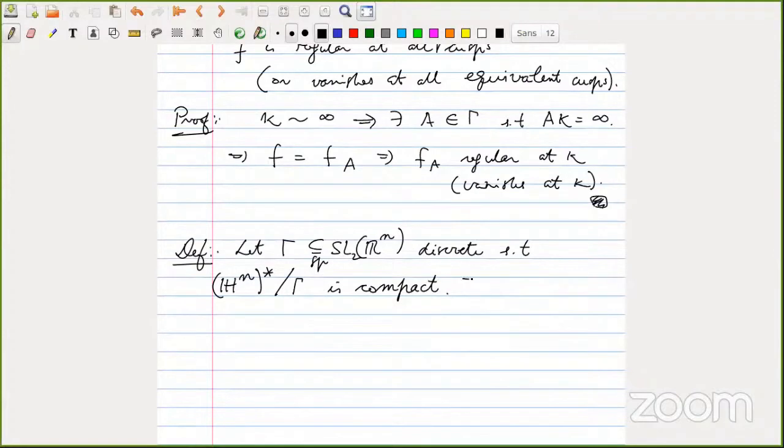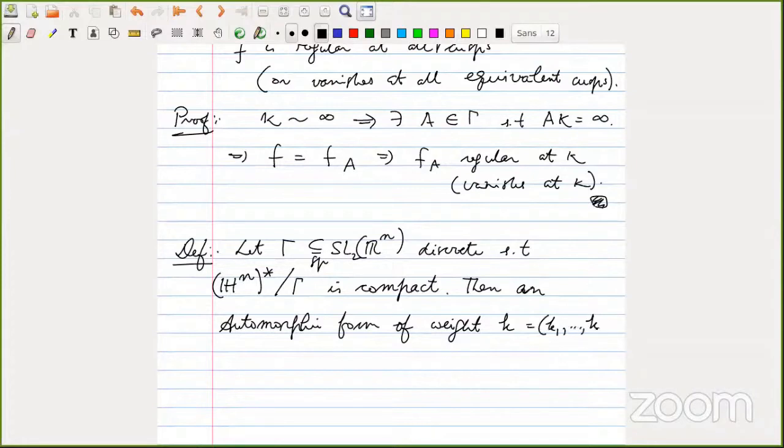Then an automorphic form of weight k equals k1 to kn, inside Z to the power of n, with respect to gamma, is a holomorphic function.